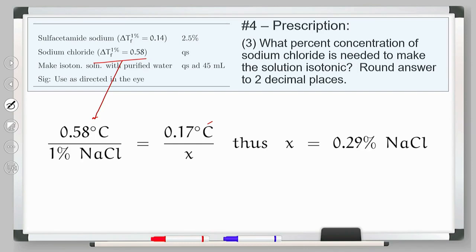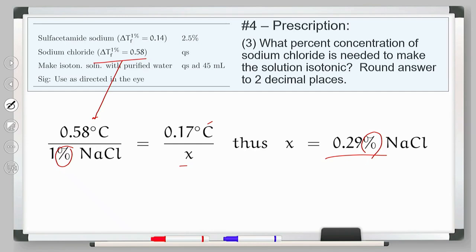So if I put that over X, I'm solving for the percent concentration of sodium chloride which would give me a 0.17 degree depression in my freezing point. So when I cross multiply and do my math there, take 0.17 divided by 0.58, I see that what I need is 0.29%. And don't forget the units come from the percent here. So the final units there will be percent, 0.29% sodium chloride.